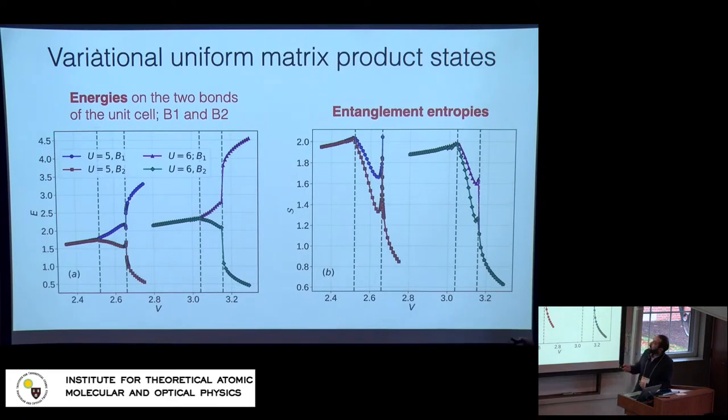Again, as you enter the bond ordered wave phase, these are going to bifurcate. But in the SDW and CDW, they are all the same because you have the same bonds in those 2 phases. These are directly from VUMPS, to benchmark that these numbers are consistent with each other between the energy and entanglement entropy, and also with previous results from other groups.